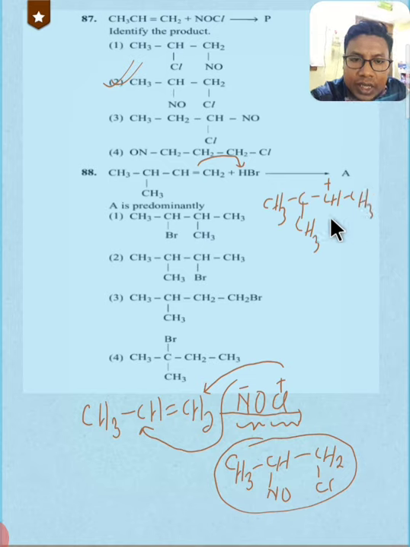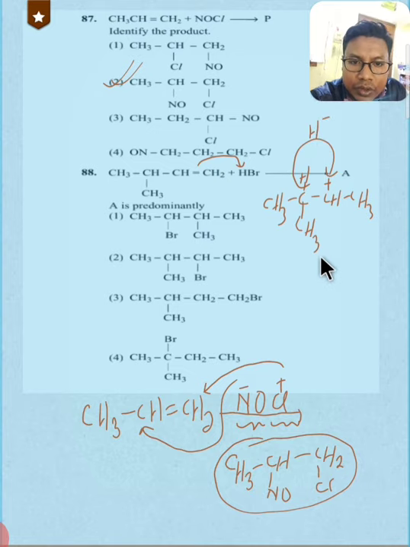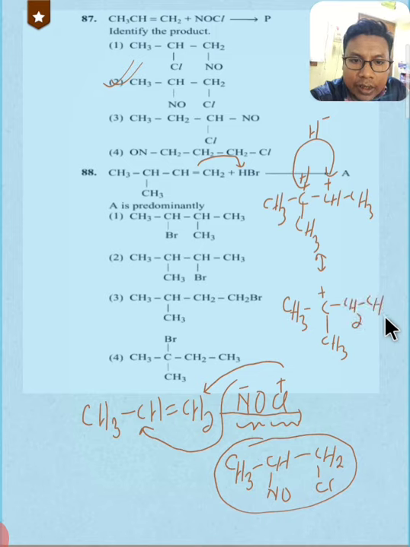So this is a secondary carbocation, and to this secondary carbocation one tertiary carbon atom is attached, from which hydride shifting can be done. So we will do hydride shifting to get a more stable carbocation, that will be CH3C plus CH3, then H will come to this carbon atom, this will become CH2 and CH3, right?